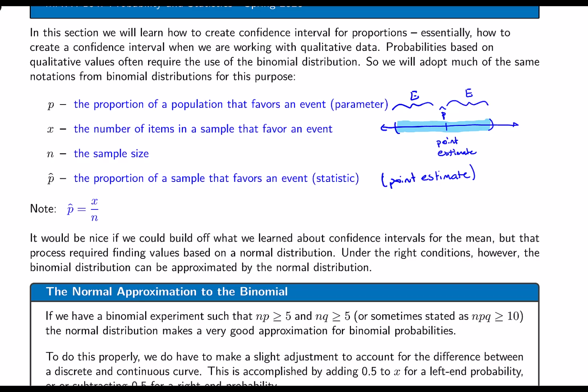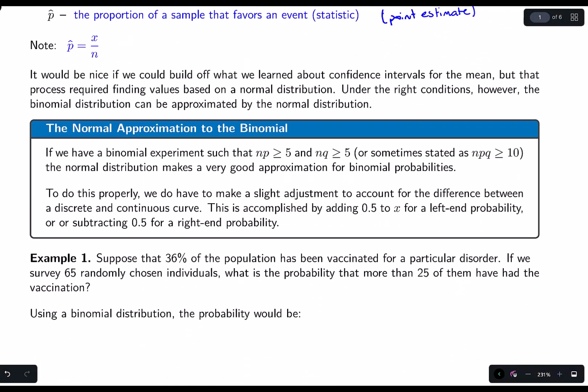Now, some technology does provide a similar feature for inverse binomial distributions, but because it's not a continuous distribution, it's not really quite as robust. And so what we need to do instead is possibly come up with a way of using a continuous distribution in the place of the discrete binomial distribution. And that's where this next part really comes in handy.